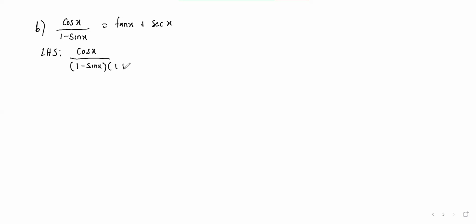We multiply it by 1 plus sin x, also the top by 1 plus sin x. It's going to become cos x plus cos x sin x, so it will be divided by 1 minus sin squared x.